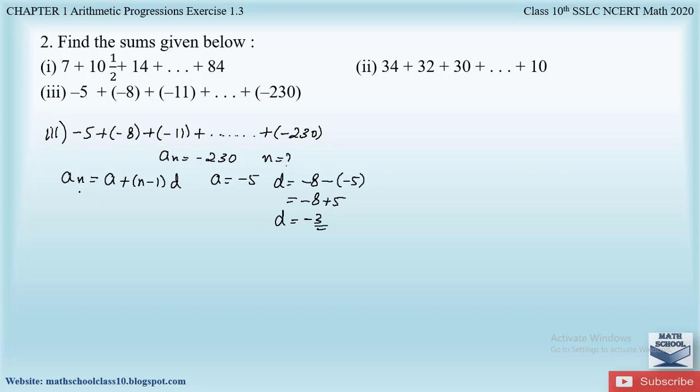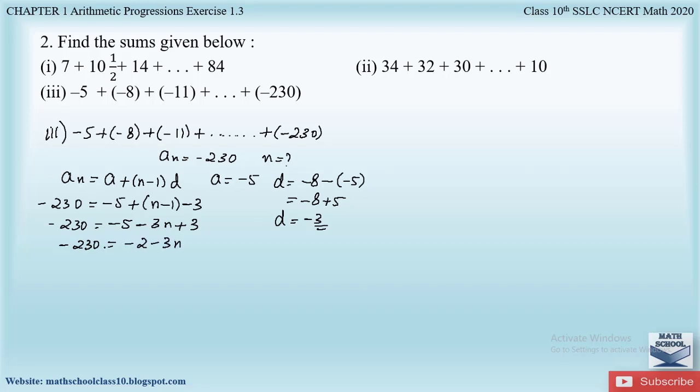Now let us apply this in the nth term formula. So an is minus 230, is equal to a is minus 5 plus n minus 1 into d is minus 3. So minus 230 is equal to minus 5 minus 3n, and minus into minus will be plus 3. So minus 230 is equal to minus 5 plus 3, it is minus 2, minus 3n.